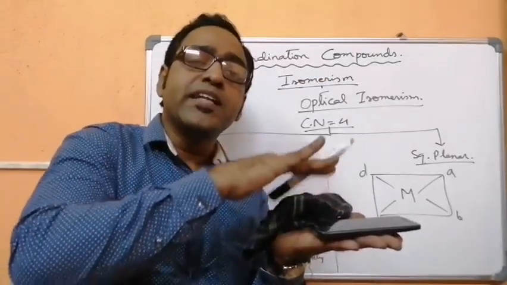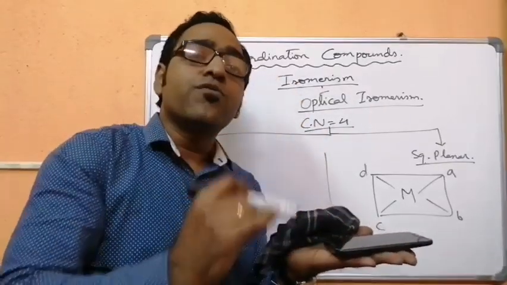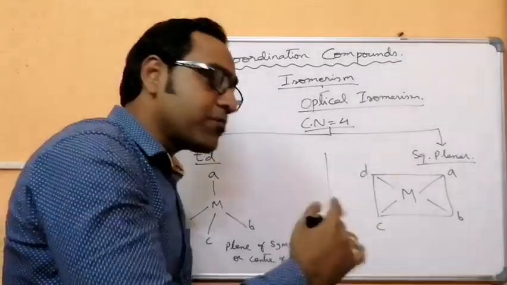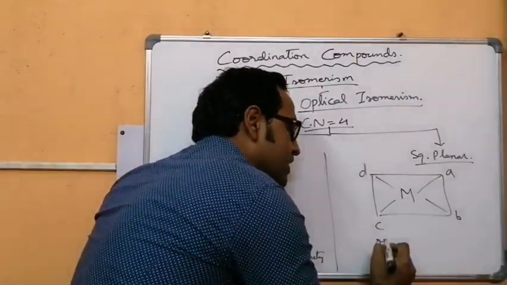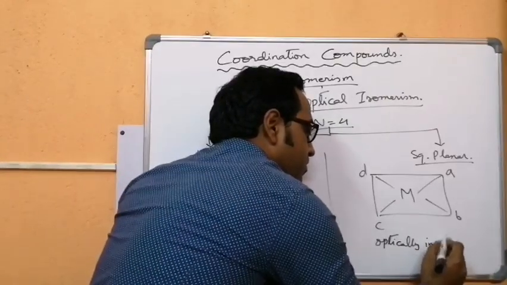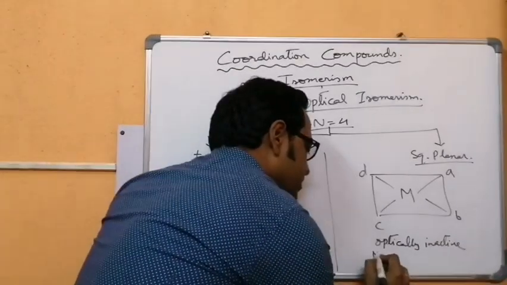And whenever a plane divides a molecule into 2 equal halves, we call it plane of symmetry. So this molecule contains a plane of symmetry, and that plane is the molecular plane. So this will be optically inactive due to molecular plane of symmetry.